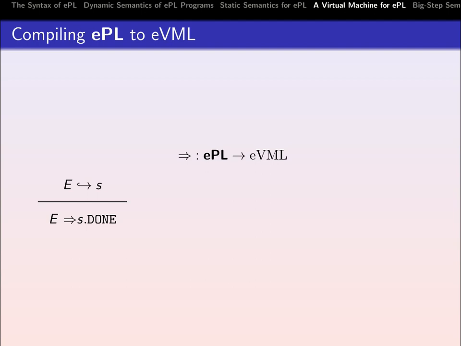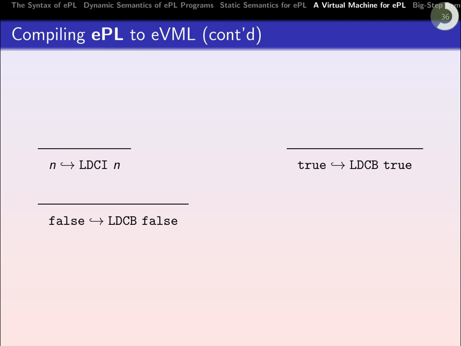And if I can say that for any possible language, any possible program, any possible expression, the execution of the corresponding compiled code is equal to the dynamic semantics, that's a very strong theoretical result. So we're going to try to go in that direction. I'm not sure whether I'm going to be able to finish, but we'll go as far as we can, and we'll finish next time. So let's look at the compilation.